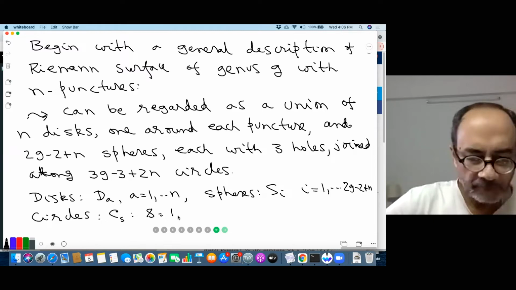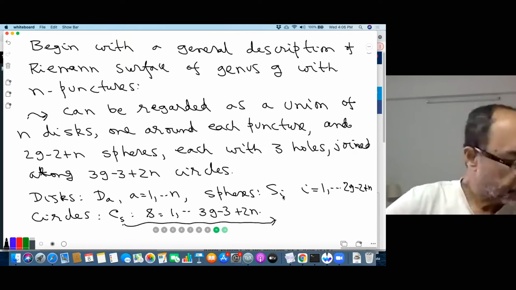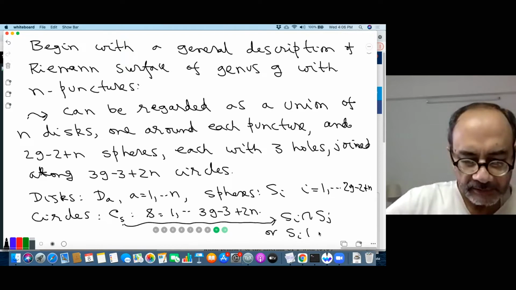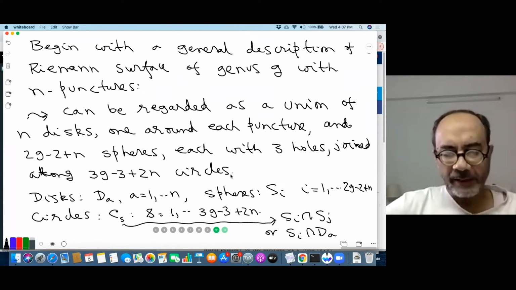And these circles are essentially the intersection of two spheres or a sphere with a disk. So these can be either S_I intersection S_J or S_I intersection D. This seems somewhat abstract, but I'm going to draw an example of a figure in the next page where everything should become clear.